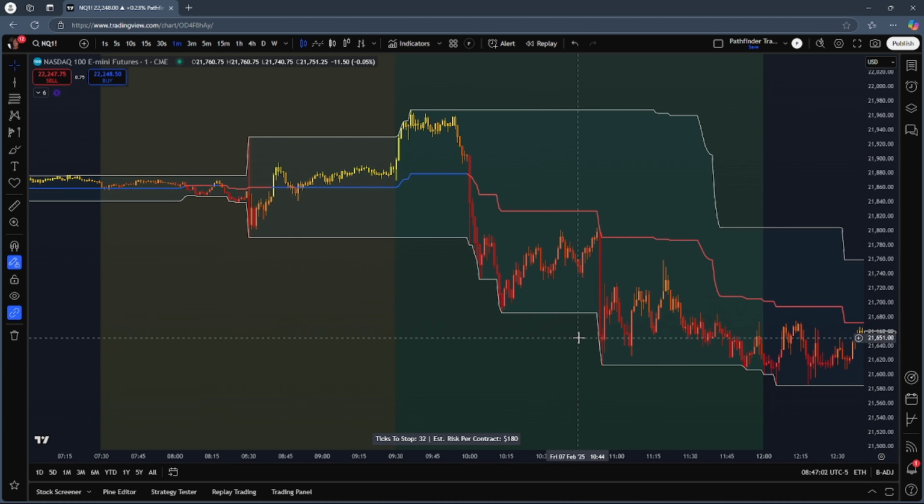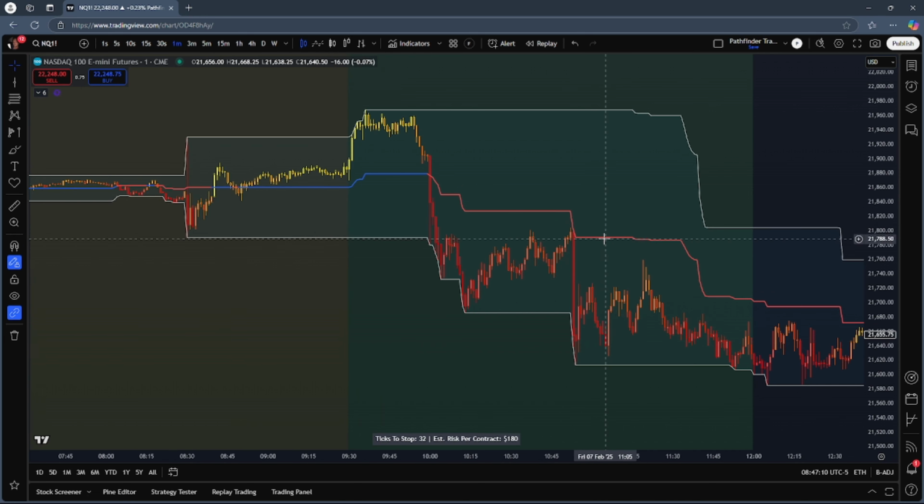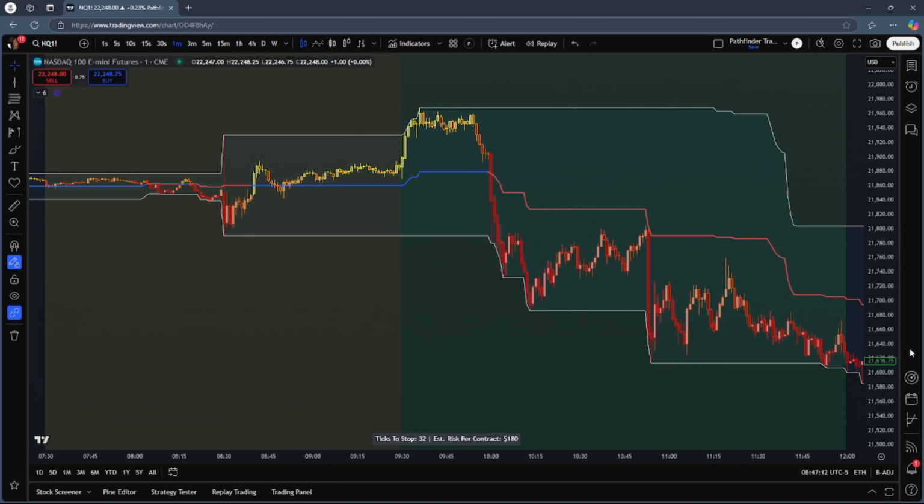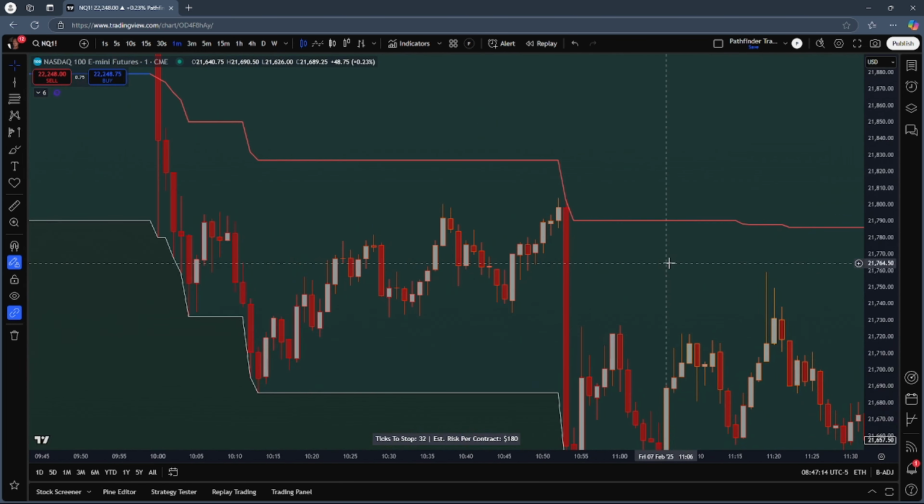Well, the first and most obvious entry is when price is bouncing off of your basis. Now, what do I mean by bouncing off of? I mean when we zoom in and look at this, the market is pushing up and we have a wick at the channel basis, which means the market pushed up, rejected, and then came back down inside of the price within the 1 minute.